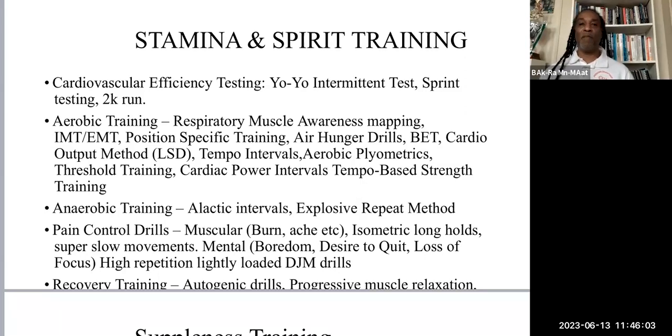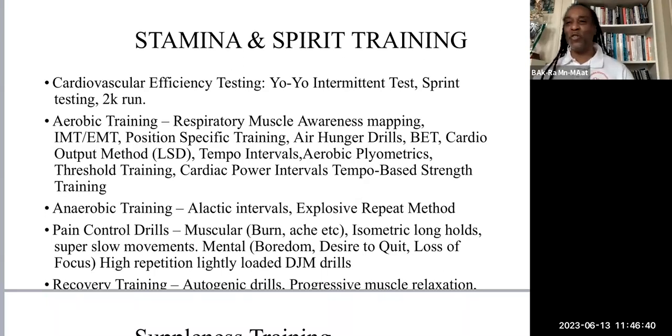This is now where we're talking about spirit, pain control drills. Spirit is really the resilience, the never quit, push through, what some people call mental toughness. That's what pain control drills help to develop, that skill, right? You want to do muscular activities, so you get that burn and ache.